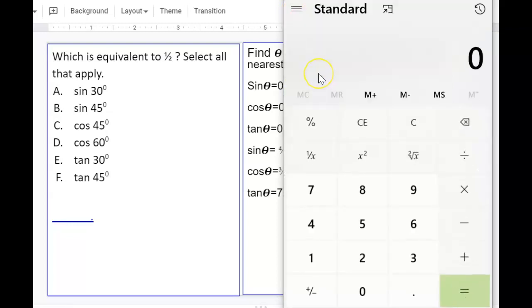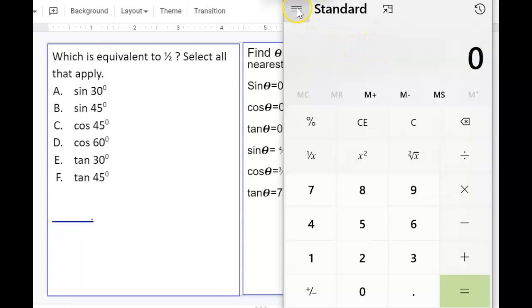You can always get a calculator from your device. All devices have calculators. The calculator will always be in this standard mode. If you're using the calculator from your laptop or device, you'll not be able to see the trig ratios.